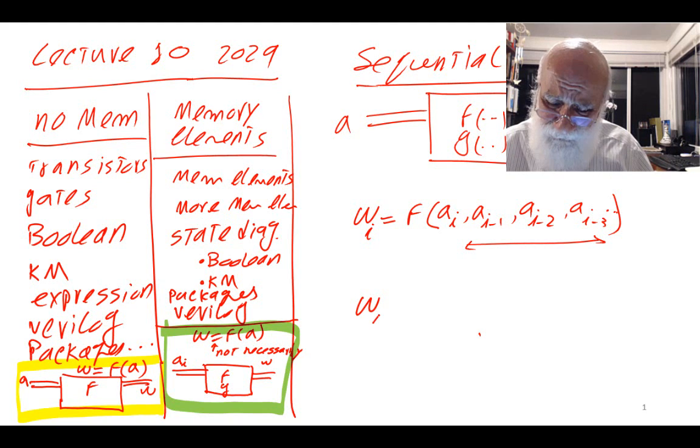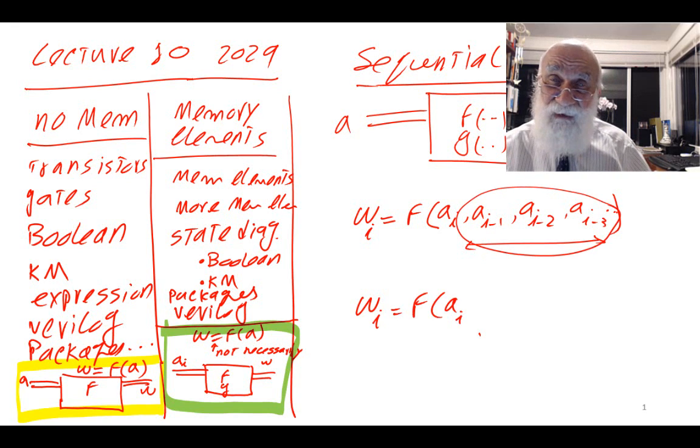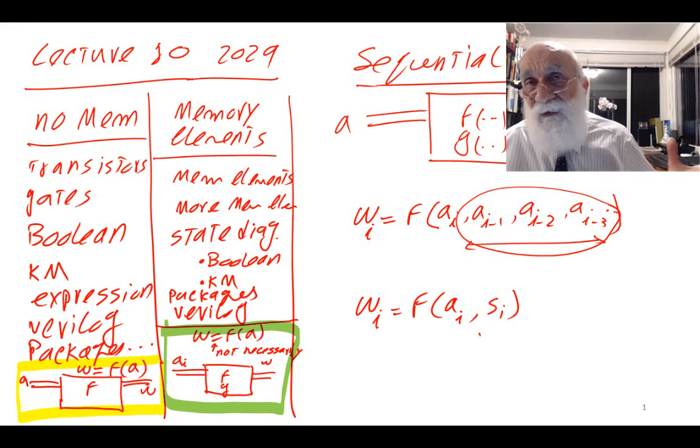I'm going to say that W of I is a function of the present input, and then I will combine, or accumulate the effect of all of these inputs into the present state of my circuit. So my W becomes a lot easier. I say that my W is a function of the present input and the present state of the circuit.